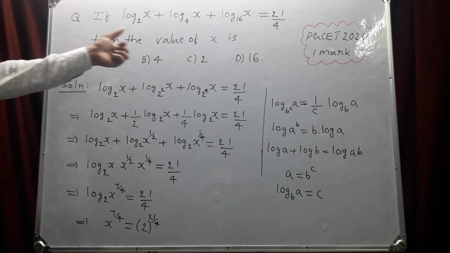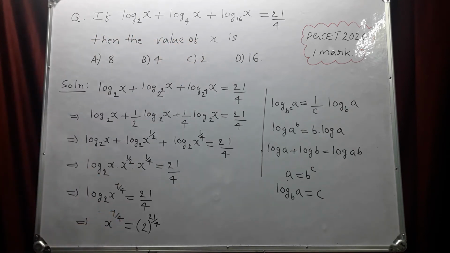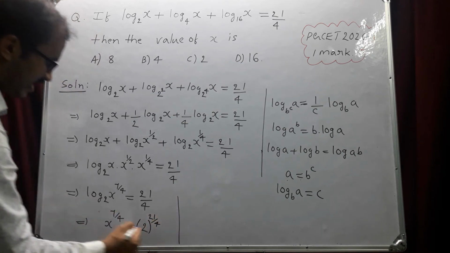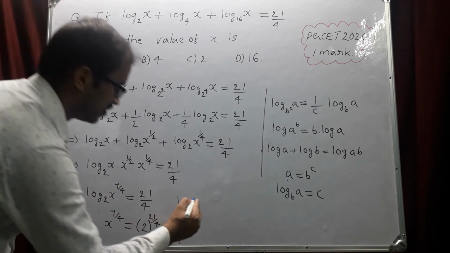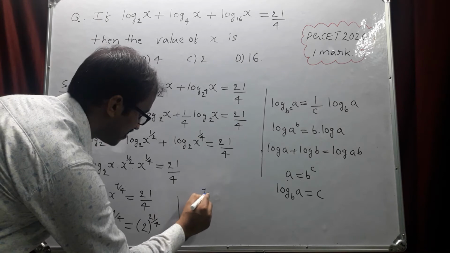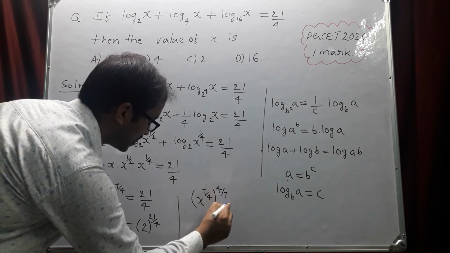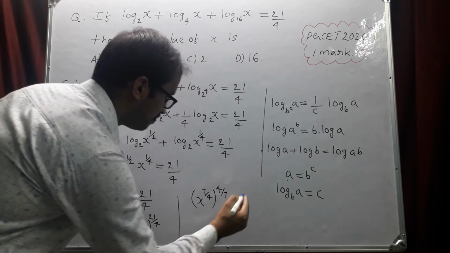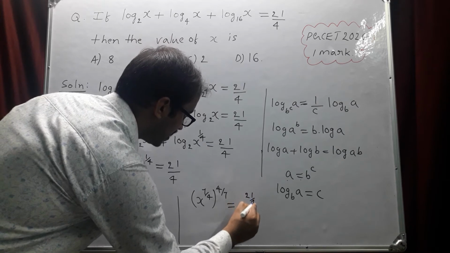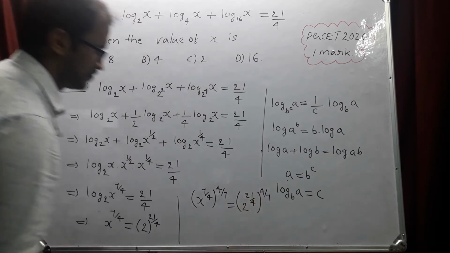But we need the value of x. So I have to make the power of x as 1. So I will take to the power 4 by 7 on both sides. So x power 7 by 4 whole power 4 by 7 is equals to, here also already we have 2 power 21 by 4 whole power 4 by 7.